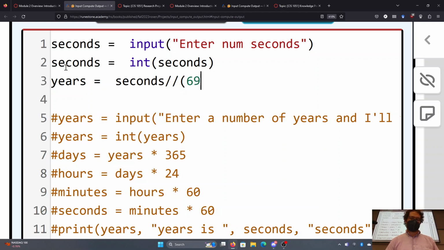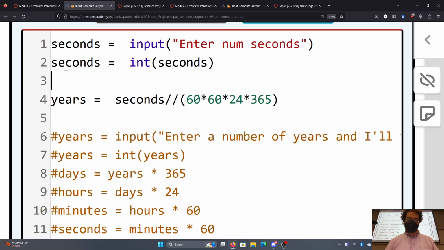Seconds in a minute times 60 minutes in an hour, 24 hours in a day, 365 days in a year. Let's go ahead and take that and print it out, just to make sure that I've not gone crazy here.